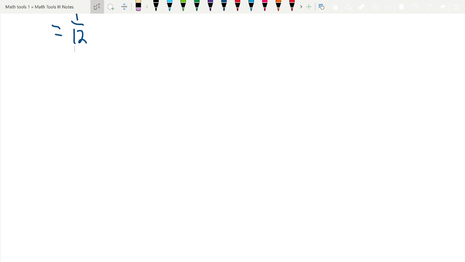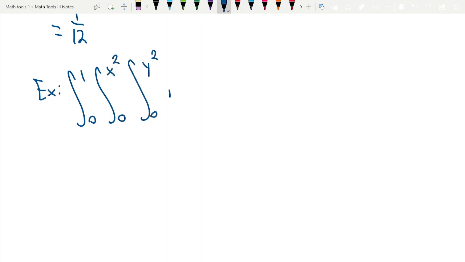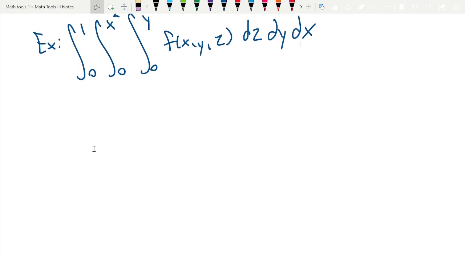So let's go ahead and look at this one. This one says we have the integral from 0 to 1, 0 to x squared, 0 to y squared of f(x,y,z) dz dy dx. Okay, so this tells us that z gets these coordinates, y gets these coordinates, etc. So we have multiple bounds to consider here that are functions instead of constants.